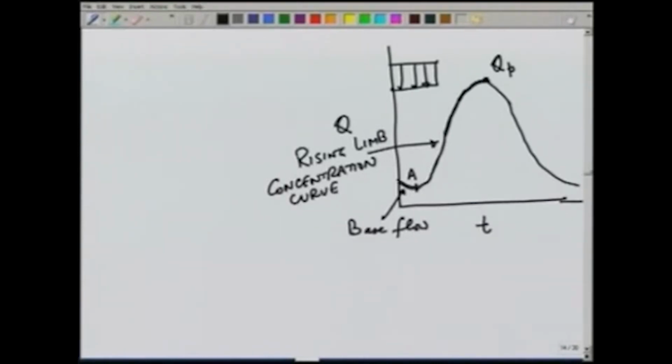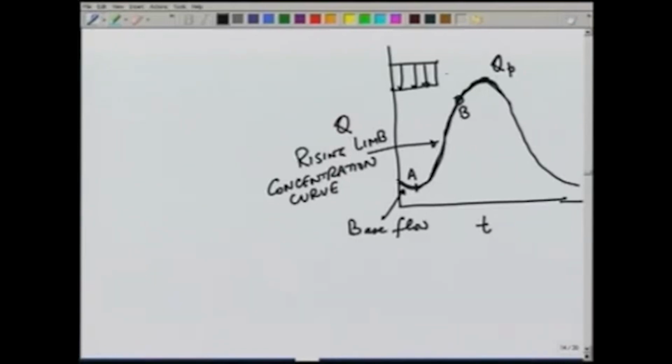If you look at this part, it is concave upwards at this point A, and at the peak it is convex upwards. So, somewhere in the middle there is a point of inflection where the nature of the curve changes from concave to convex. Let us call this point of inflection as point B.